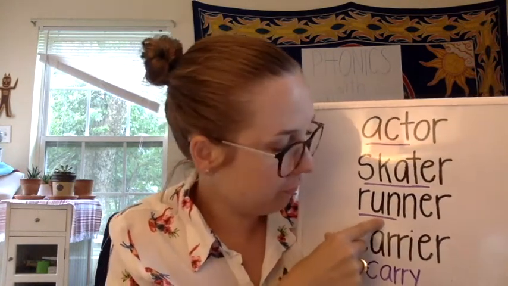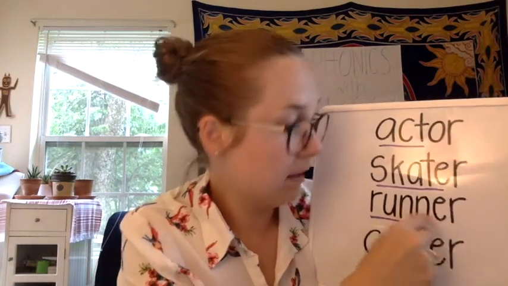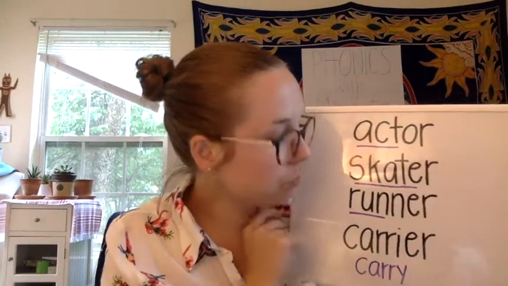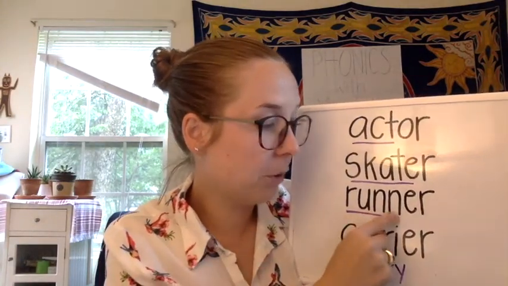So that is a short vowel and a consonant. When something ends with a short vowel and a consonant, you double the final consonant. So you add another consonant before you add the ER, right? Because run has a short vowel and a consonant, we double that consonant and add ER, okay?